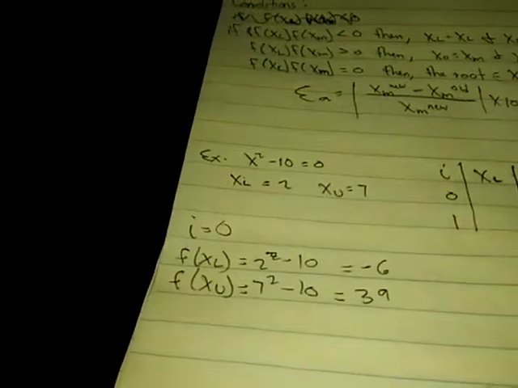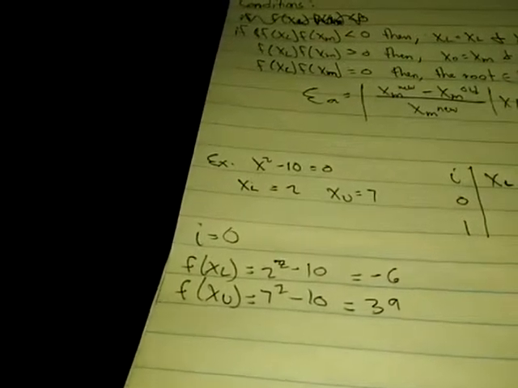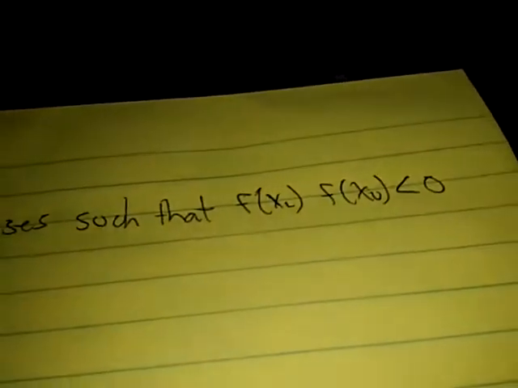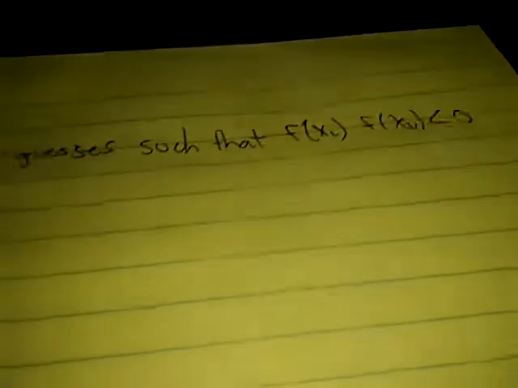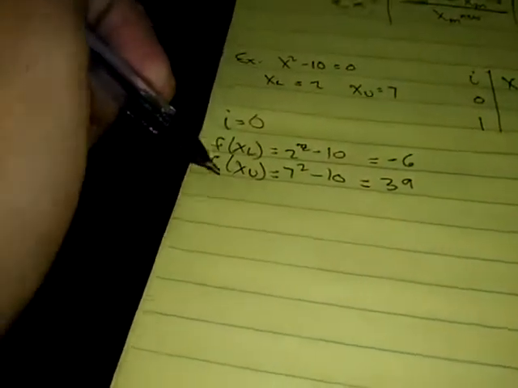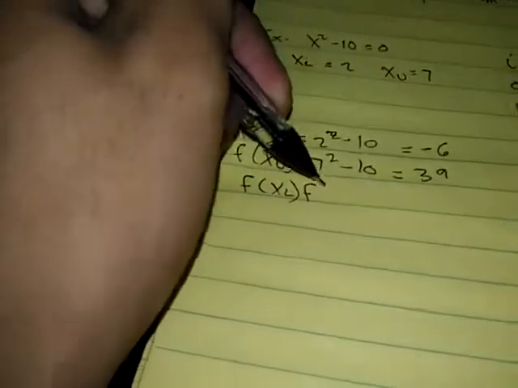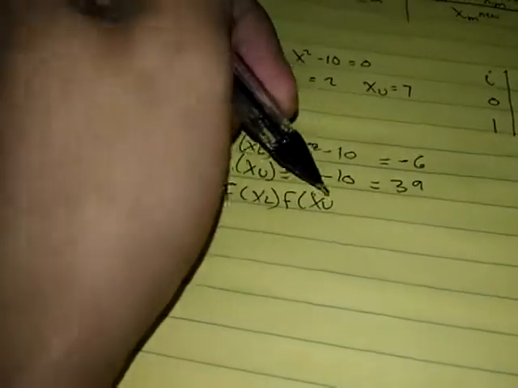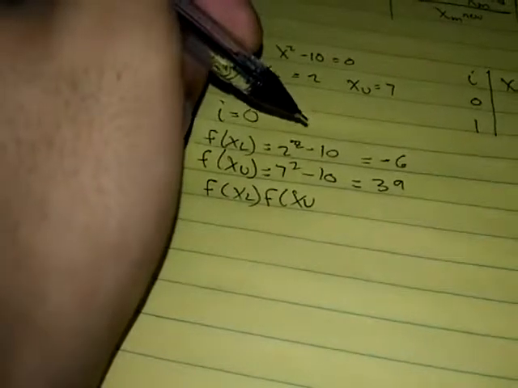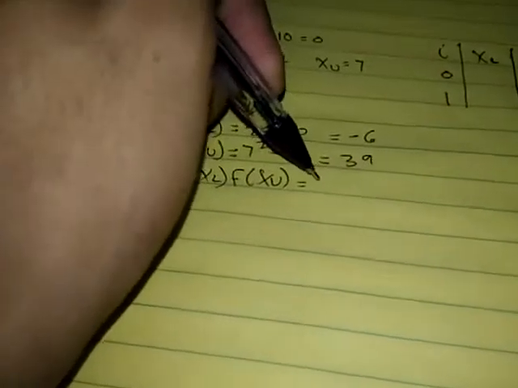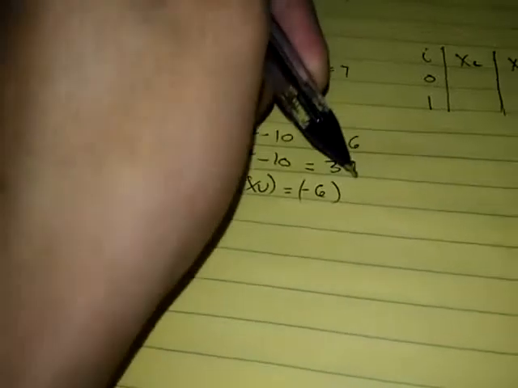So yun, tignan na natin yung pinakaunang condition. Kung ito nga, magiging less than 0 siya. So yun, f of xl times f of xu is equals to negative 6 times 39.